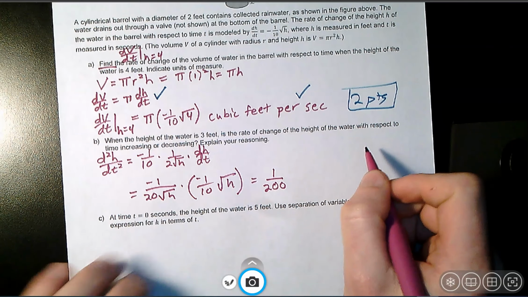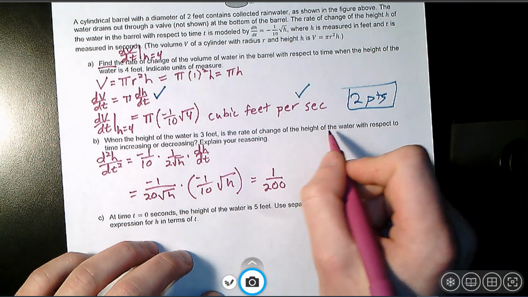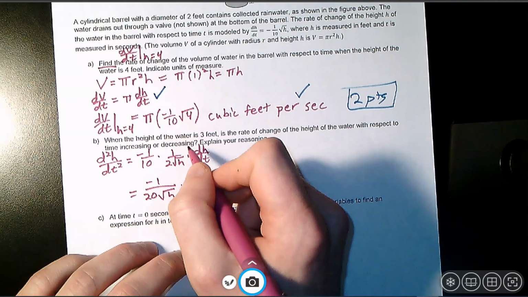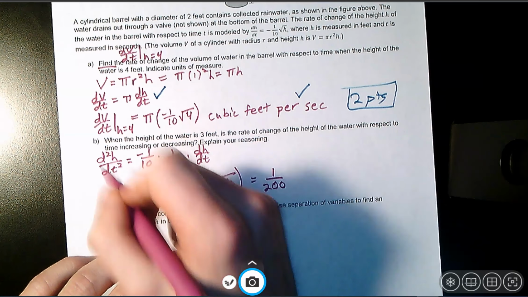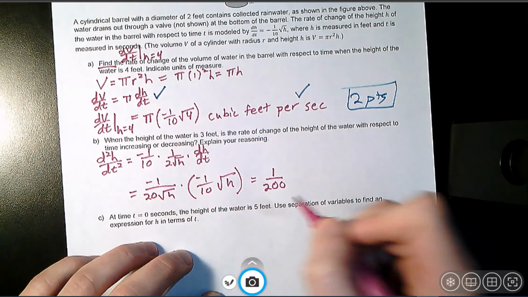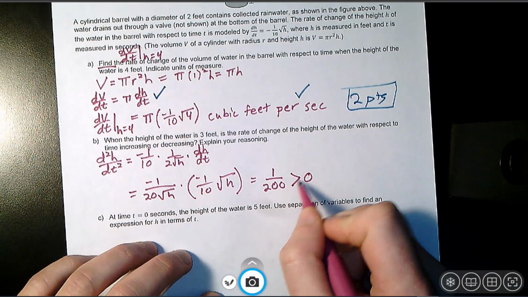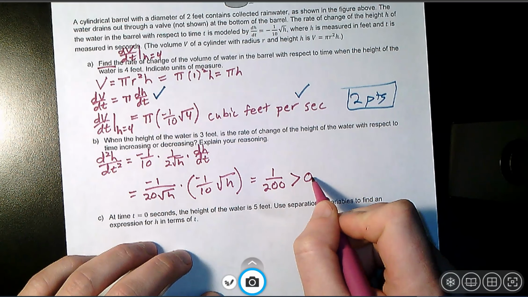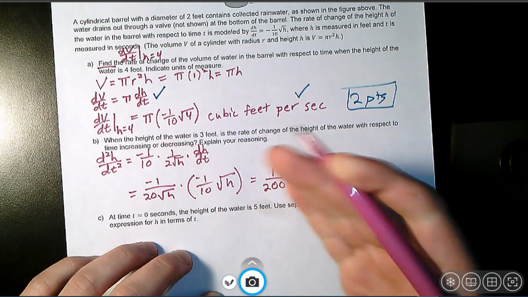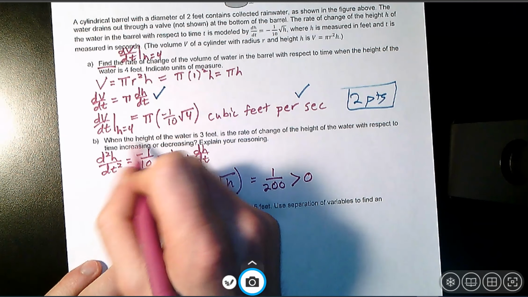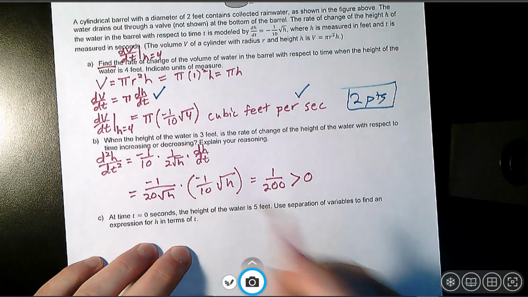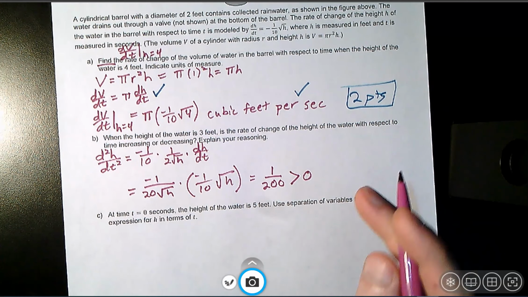Well, remember, we were trying to see if the rate of change of the height of water with respect to time is increasing or decreasing. If its derivative is always a positive number greater than 0, I better tell the AP graders that I know that this is a positive number, then I know that we're going to have an increasing dh/dt. So let me make sure I convey all of that and I earn all of my points.